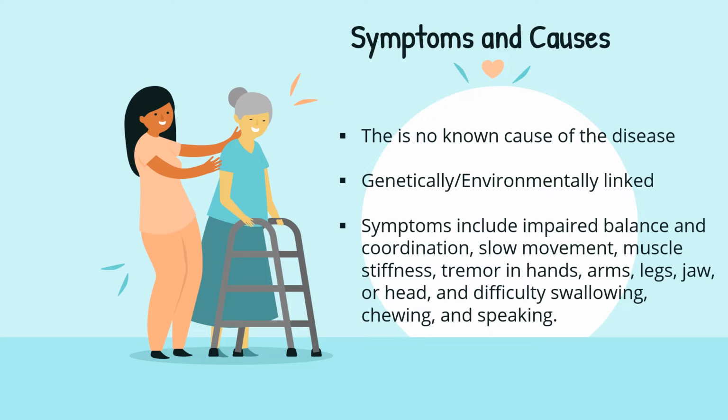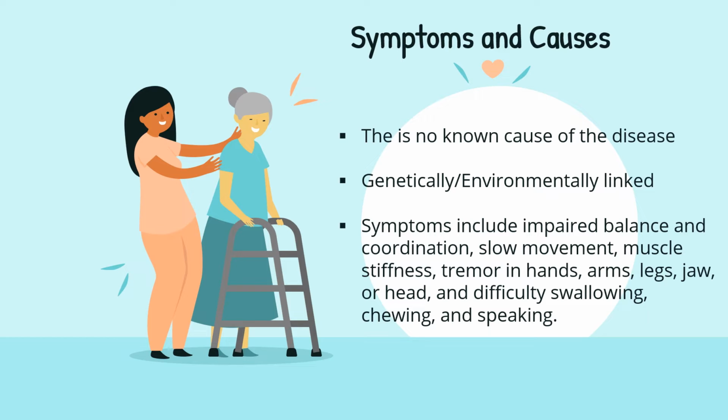So symptoms of Parkinson's: shuffling, stiffness, tremors in the hands, impaired coordination and balance, slow movements, difficulty chewing, swallowing, and speaking. Usually these patients are recognizable from the tremors in their hands and their movements.